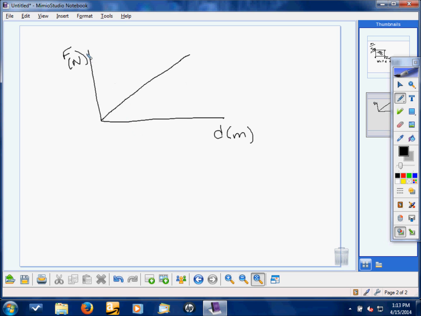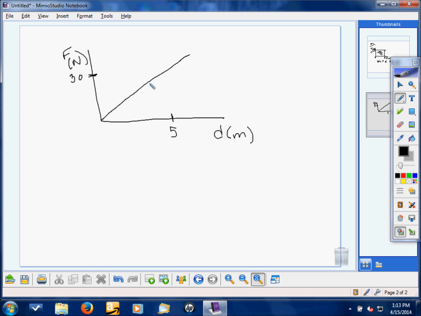Okay, so let's say up here, right about here, we have 30 newtons. And down here we have 5 meters. Okay, we can't just take 30 times 5 because the force isn't constant.